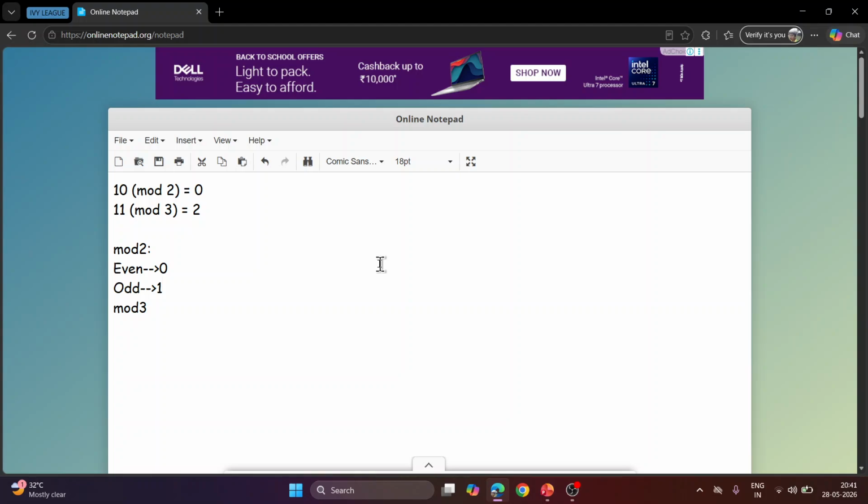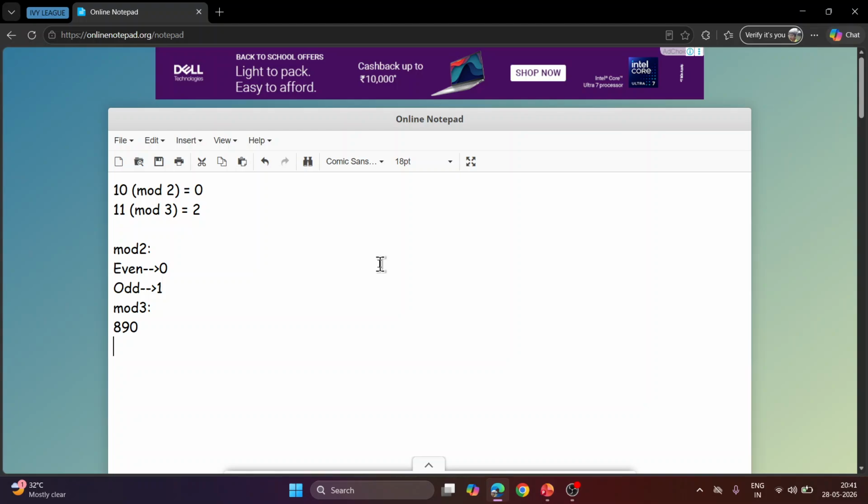Mod 3, let me teach this to you with some examples. Let's take some big number, 890. If you had to find mod 3, you don't have to divide 890 by 3. We can simply use the divisibility rule of 3.